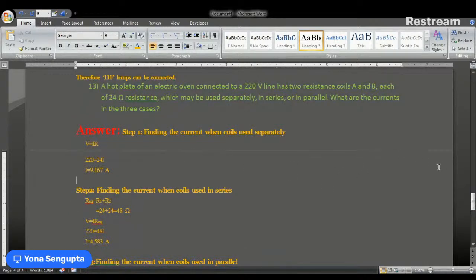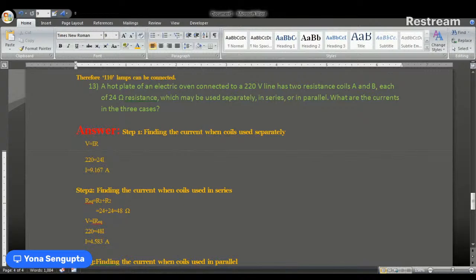Yes. So the first step is to find the current when the coils are used separately.